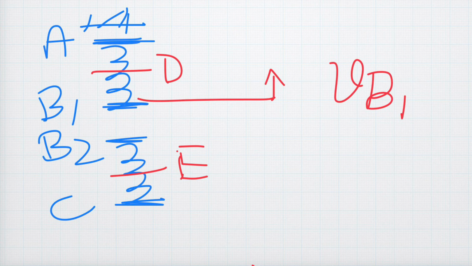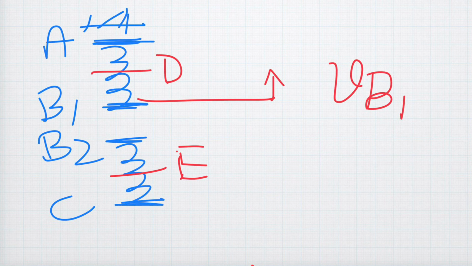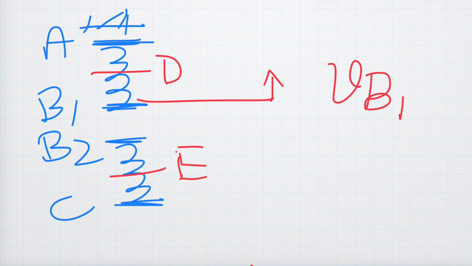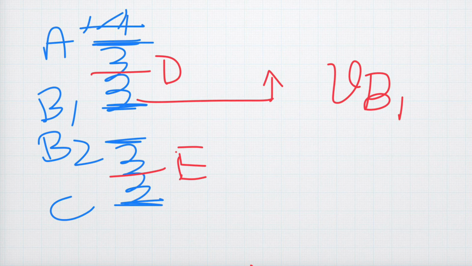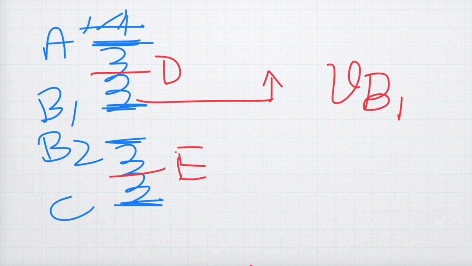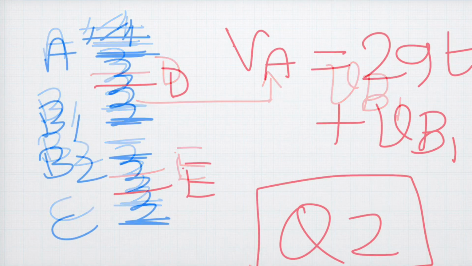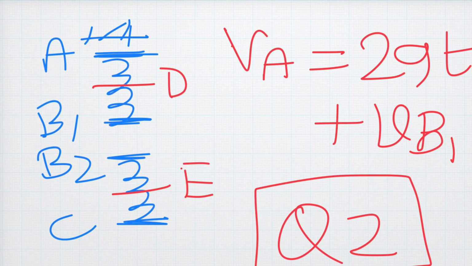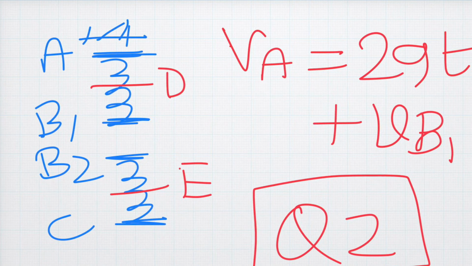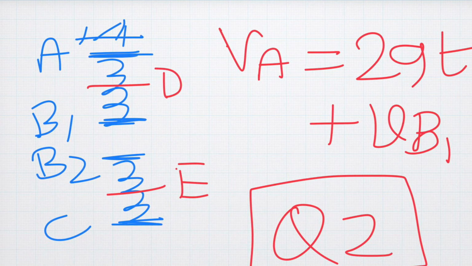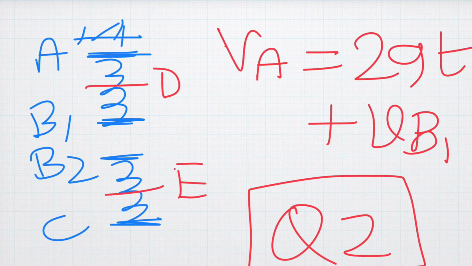To maintain the fall of the center of gravity exactly as we have discussed earlier with V equals gt, now A is to move even faster. If we calculate, that comes to VA equals 2gt plus VB1, because B1 is going upwards. To compensate that one, it is 2gt plus VB1.